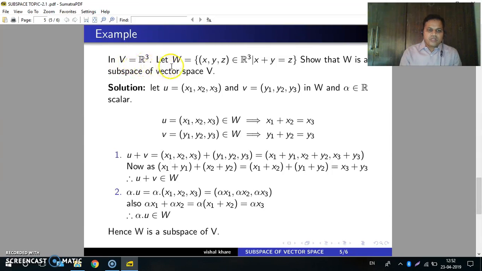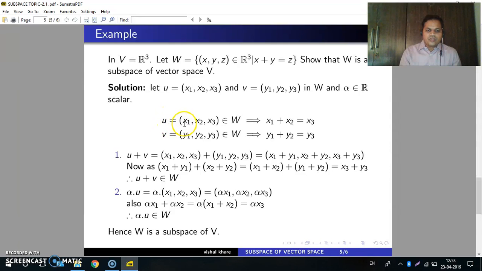In V equal to R3, let W be equal to the set of all (x, y, z) belonging to R3 such that x plus y is equal to z, meaning the first coordinate plus the second coordinate is equal to the third coordinate. Show that W is a subspace of vector space V. Let u equal (x1, x2, x3) and v equal (y1, y2, y3) be in W, and alpha belongs to R, meaning alpha is a real number.